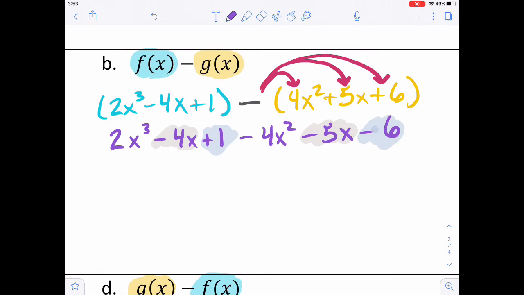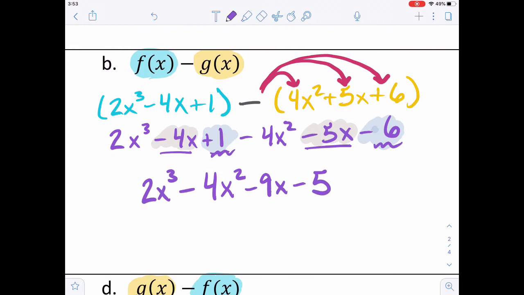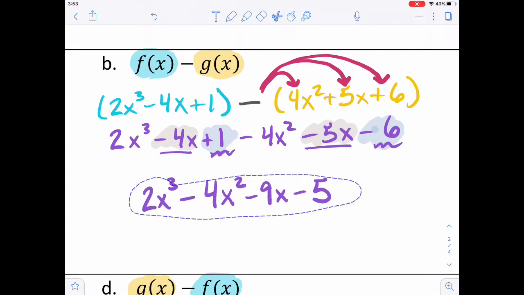All right, so highest power first, 2x cubed. Then we've got minus 4x squared. Combine our x's, that gives us a total of negative 9x. Combine our numbers, and we get minus 5. This is our polynomial.